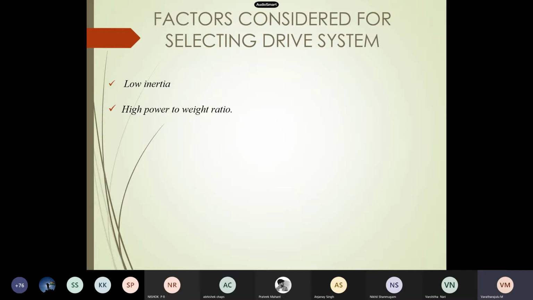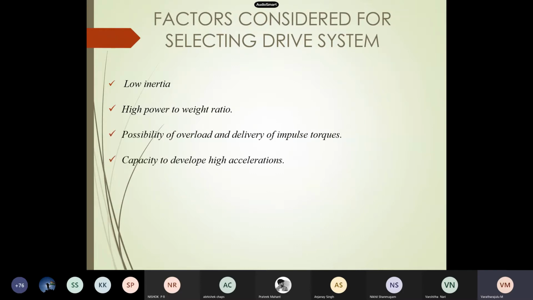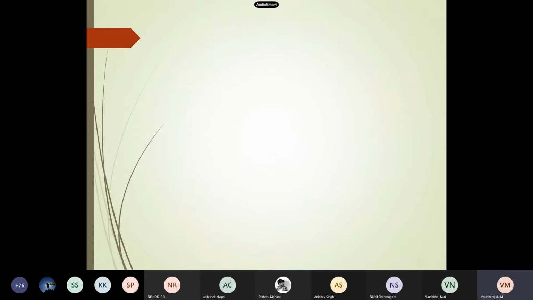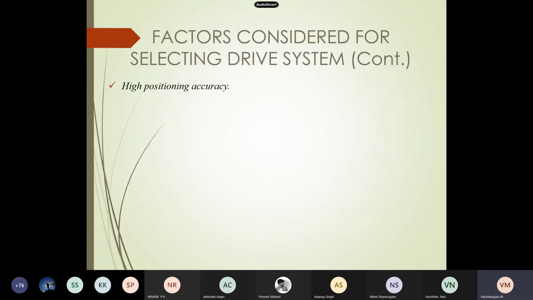Power should be larger, and the power to weight ratio should be maintained. The possibility of overload and delivery of impulse tasks has to be considered, and the capacity to develop high acceleration. It should have very high acceleration and velocity, and the positioning accuracy.